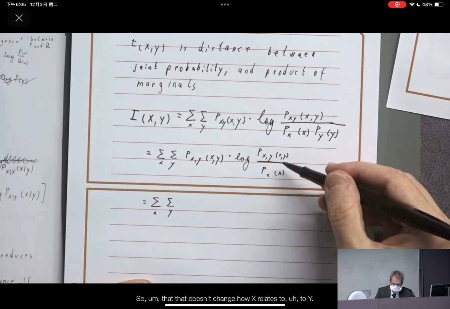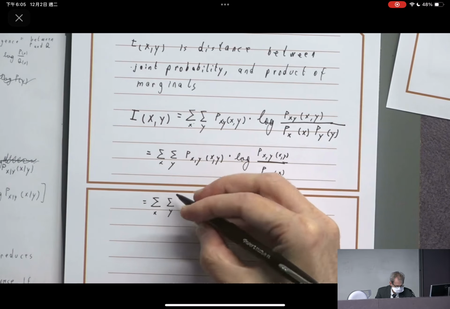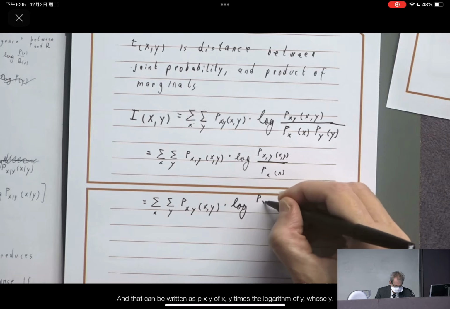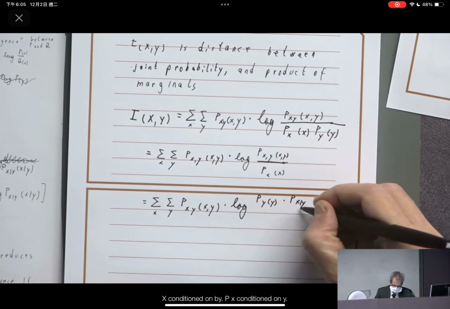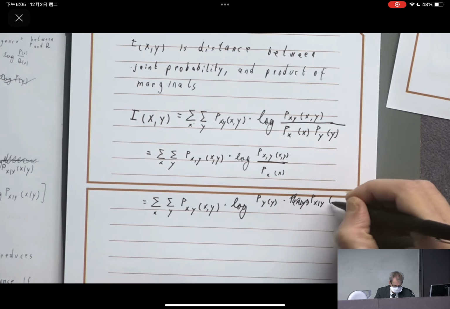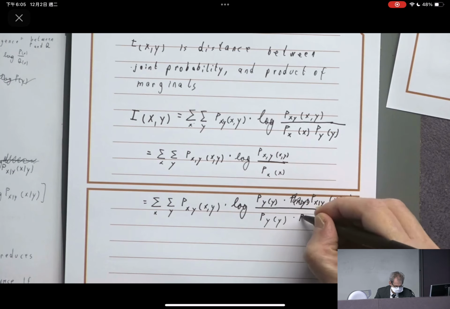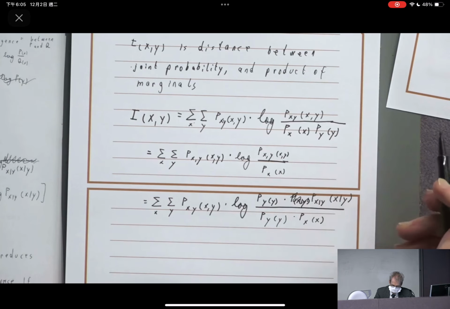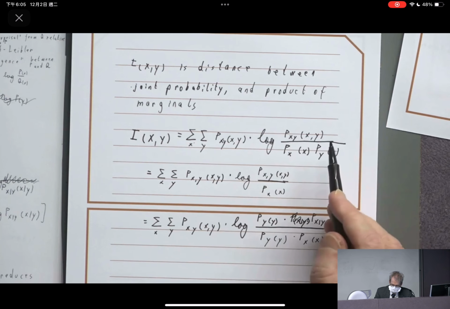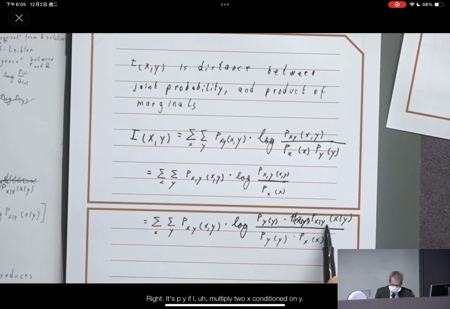So that doesn't change how x relates to y. And that can be written as Pxy of xy times the logarithm of Py of y, Px conditioned on y. And just basically rewritten this term here as, well, what is the joint probability, right? It's Py of y multiplied with Px conditioned on y.